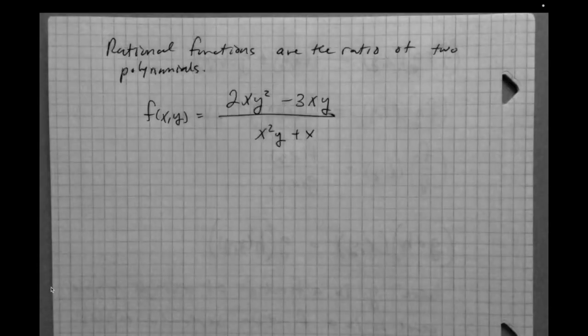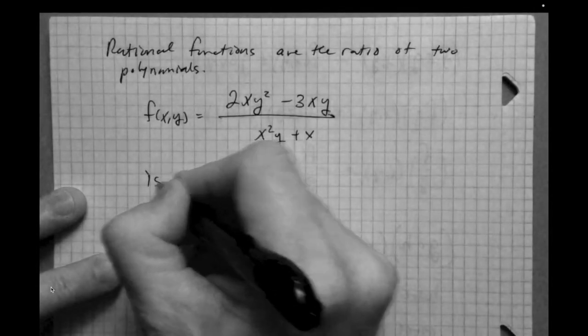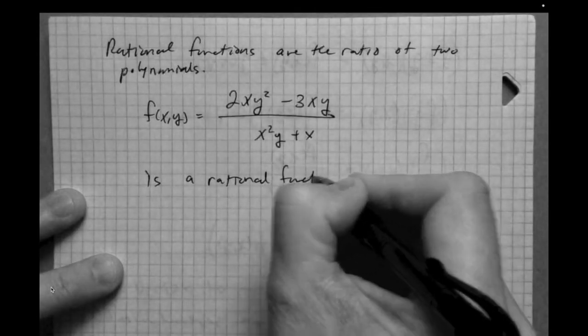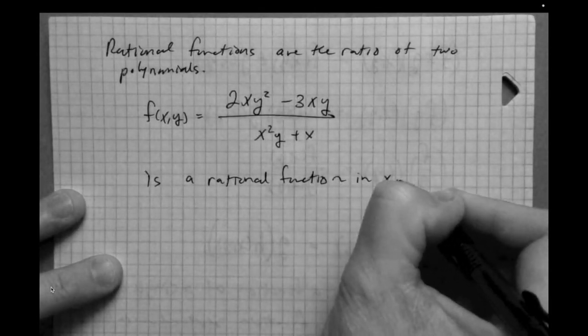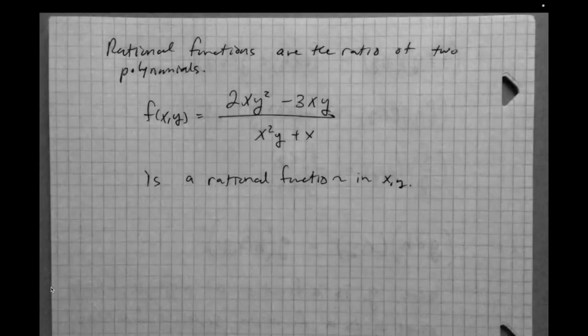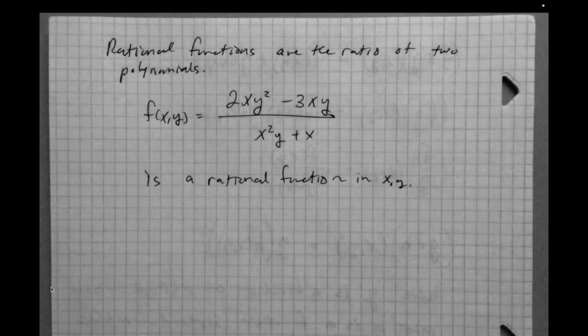Something like that, right? So this is a rational function in x, y. And again, it's the exact same definition as with functions of single variables, just extended to now allow for multiple independent variables.